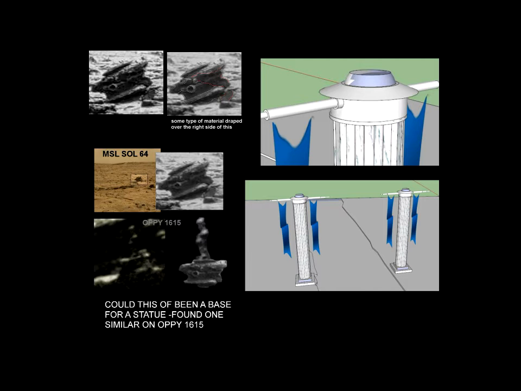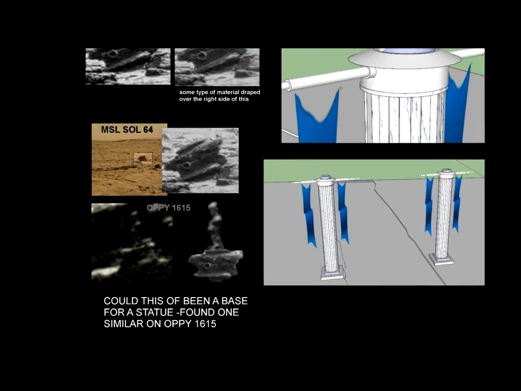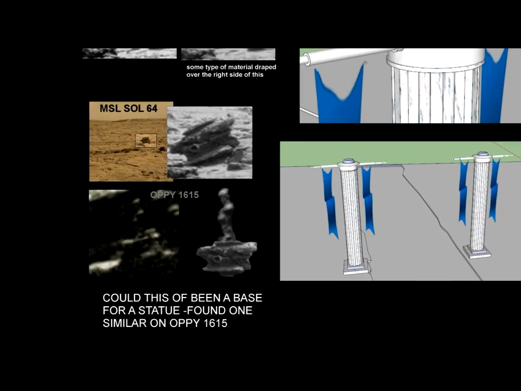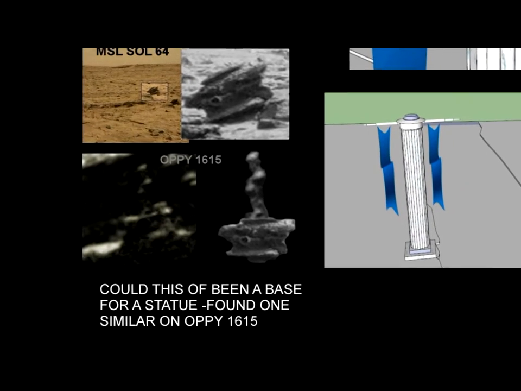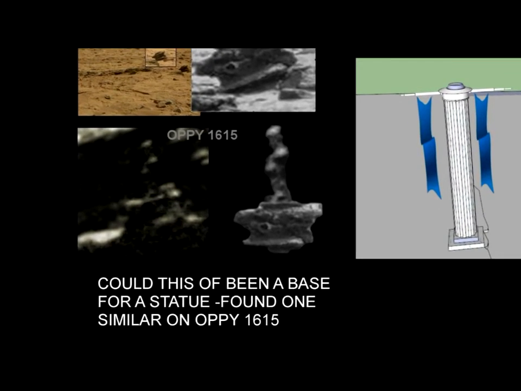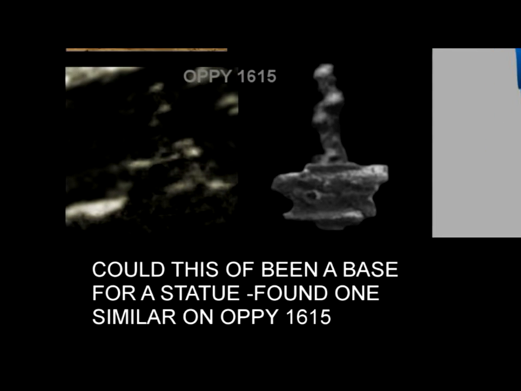I actually found another one similar to this. This was on an OPI image. You can see it at the bottom there on the left hand side. You can see the base, and then you can't really see it very clear there, but you can see a round circle on the side.